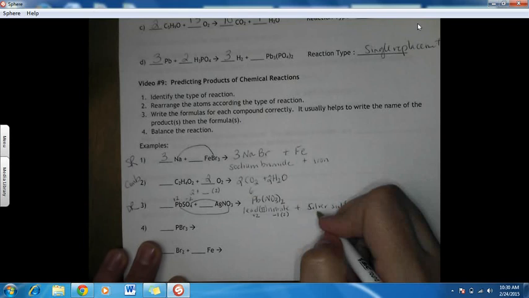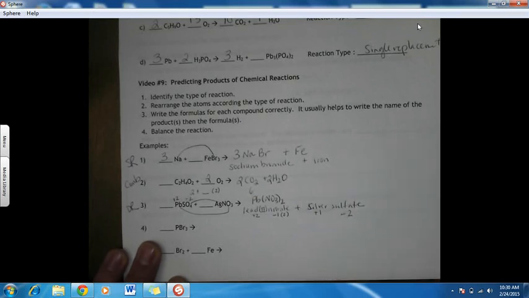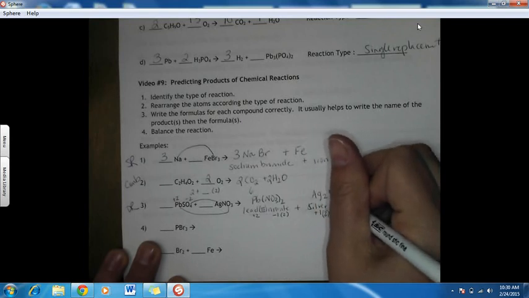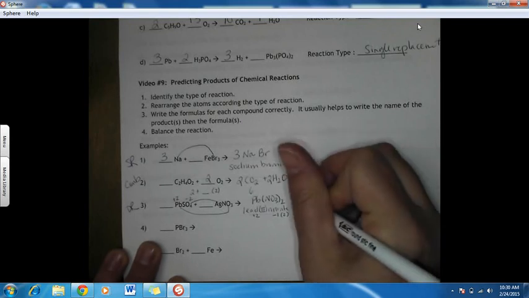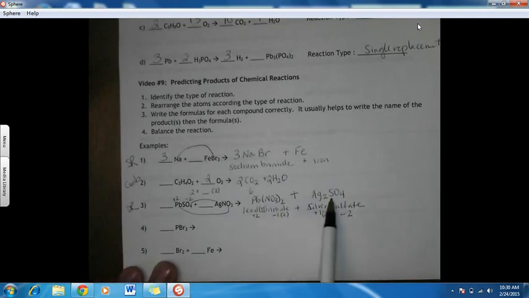Then silver is always +1. Sulfate is always going to be a -2. Again, this has to add to 0, so I'm going to need to multiply the silver times 2. So I'm going to need 2 silvers, so Ag2, SO4. Have a plus sign in between. So these will be our 2 products.